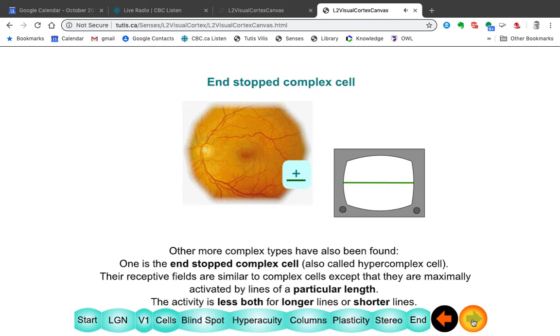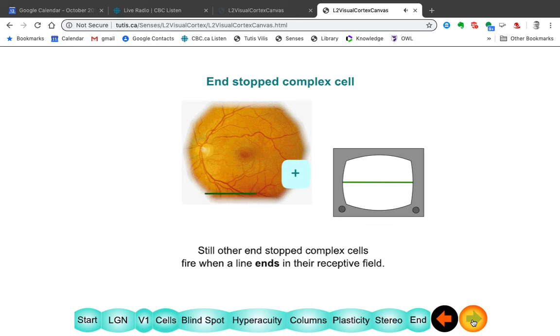The other type of cells that you find there is end-stop cells. So end-stop cells like lines of a particular length. This one here likes a line just about the length of its receptive field. You can see it starts firing more when the line gets to that length. It fires less for shorter lines and less for longer lines.